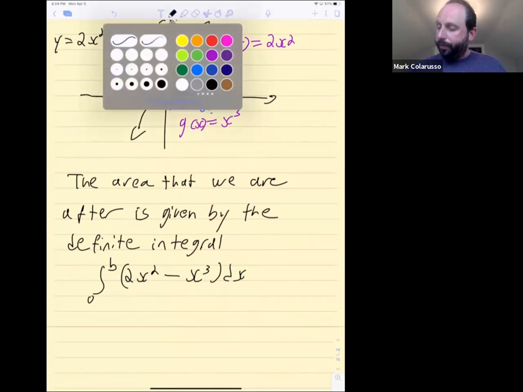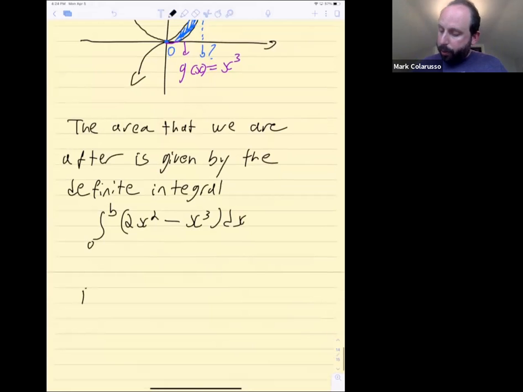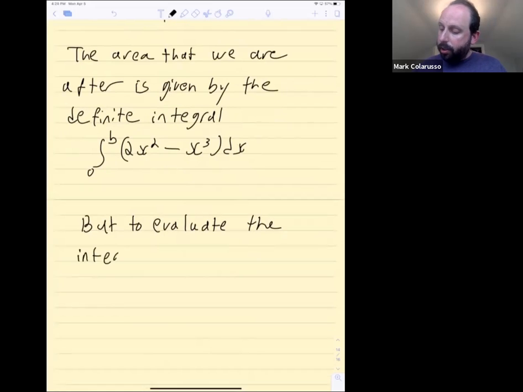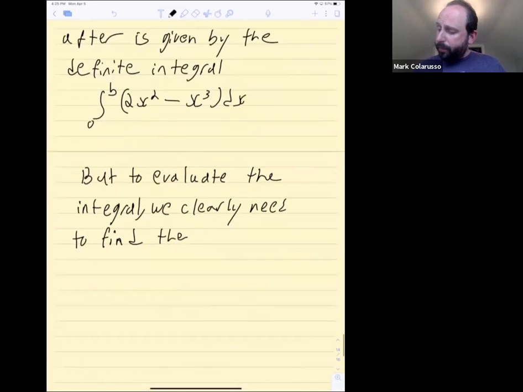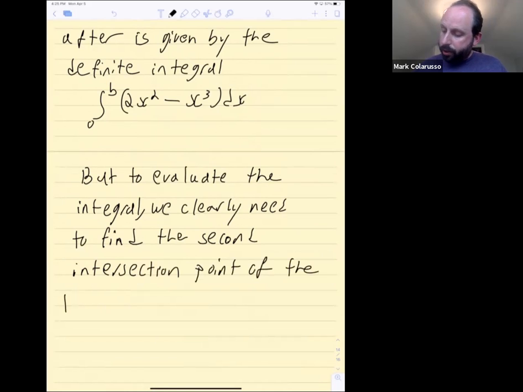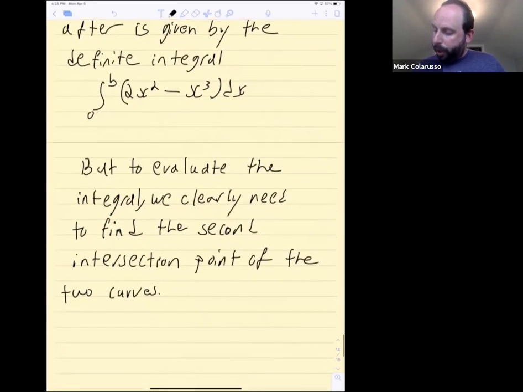So to evaluate the integral, we clearly need to find the second intersection point of the two curves, i.e. the value of b.